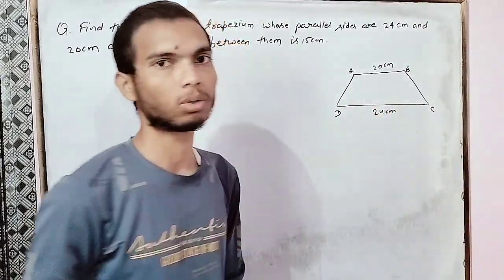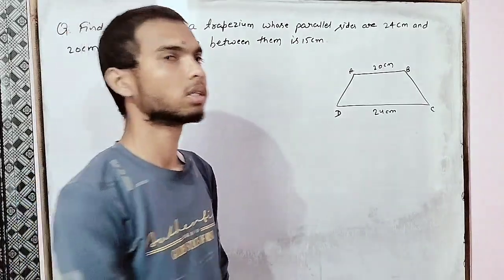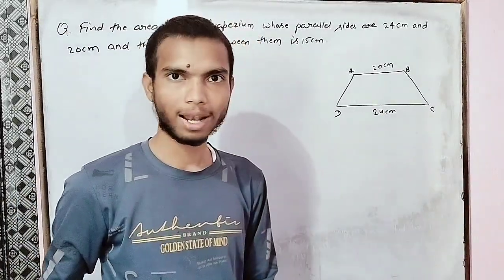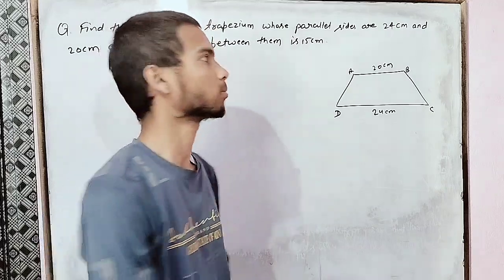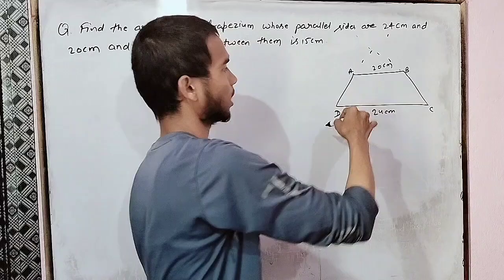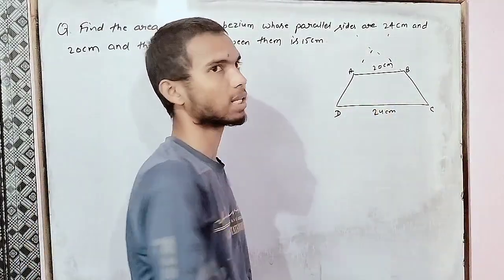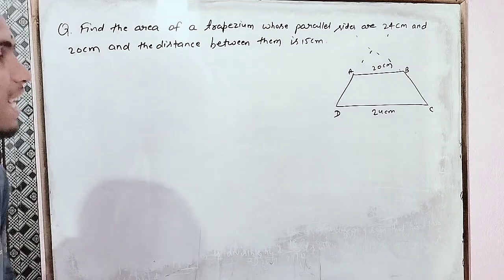These lines are not parallel because both will intersect each other at some point. That's why we can't say these two lines are parallel, because they are intersecting each other.